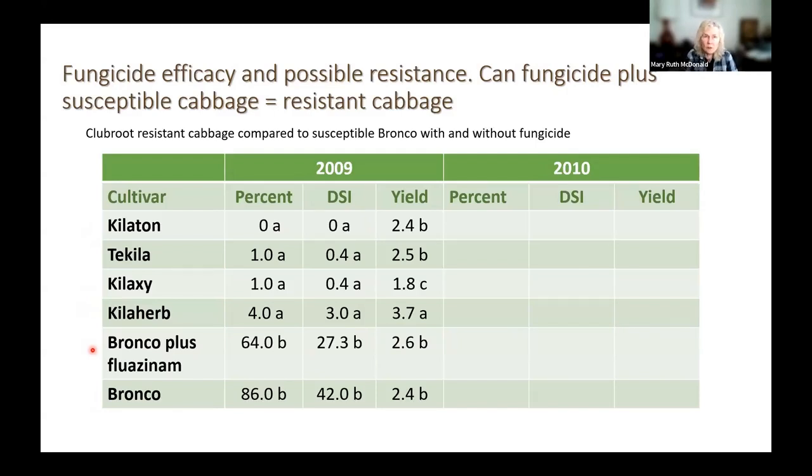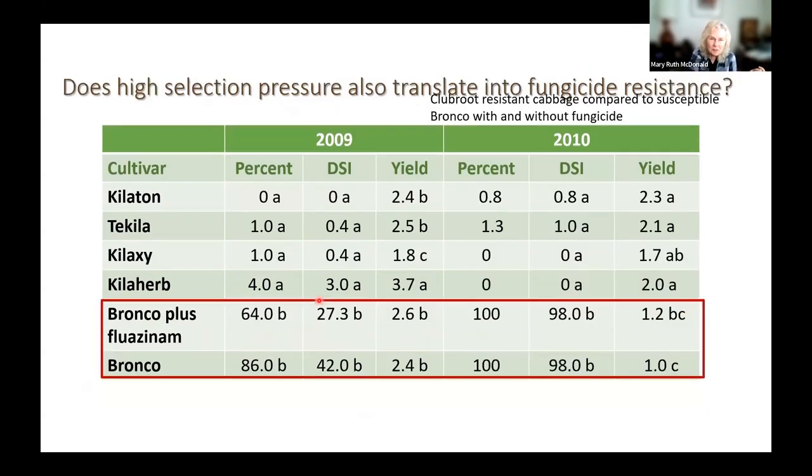Growers aren't always as thrilled with some of the qualities of the resistant crops compared to the ones they're familiar with growing. Adding fluazinam numerically reduced disease severity, although this wasn't statistically different, and it didn't come close to reducing disease compared to just growing a resistant cabbage.